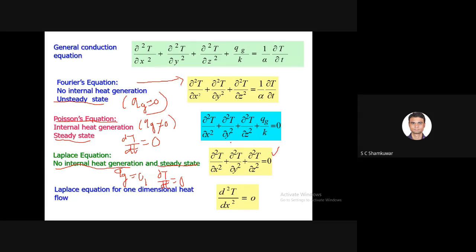Here the temperature is changing with respect to X, Y, Z direction, but there the temperature is changing only in the X direction. Therefore, d square T by dx square.